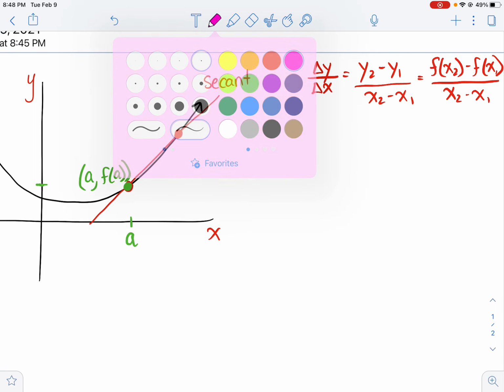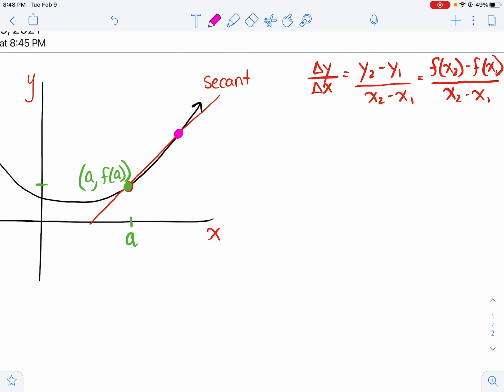And then the top point, this guy up here, I'm going to say it's a certain distance away from A. I'm going to call that point A plus H, where H is just the distance away from A. So for example, if I wanted A to be 2, and this point over here to be 3, that would mean that H is 1, because that's how far apart these points are.